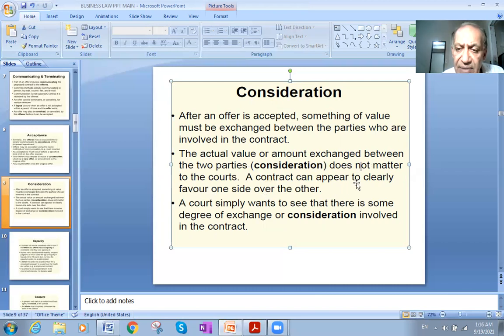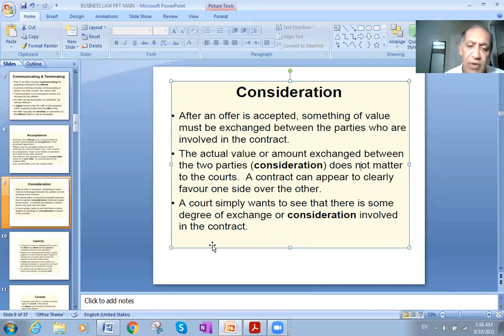A contract can appear to clearly favor one side over the other. What we want to say here is that the consideration is something I will sell to you, and you will pay me for this item.